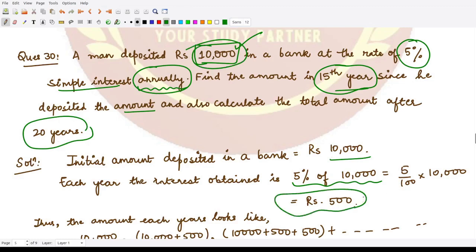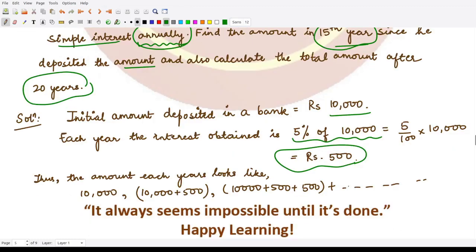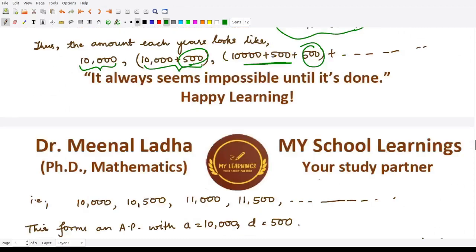So therefore each year the amount in the initial year when he deposited the amount was 10,000. Thereafter it would become 10,000 plus 500, right? The interest for the first year has been added. Then this much amount was there, and then now the interest for the second year has been added to it, and so on, correct? So therefore, in this case, your amount becomes 10,000, 10,500, 11,000, 11,500, and so on.